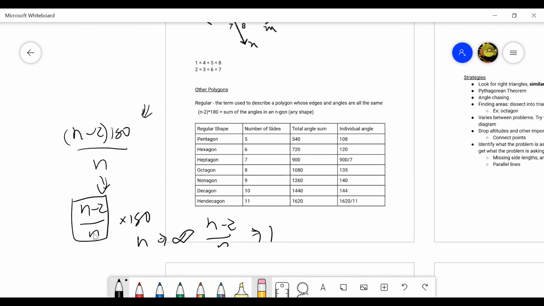But it will never reach 180, because at infinite sides, that would just be a circle, so there would technically be no angles. But polygons with thousands or millions of sides will look almost exactly like a circle.